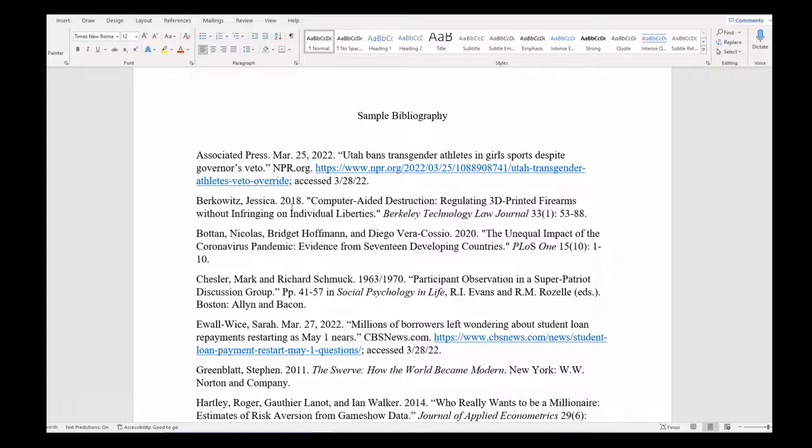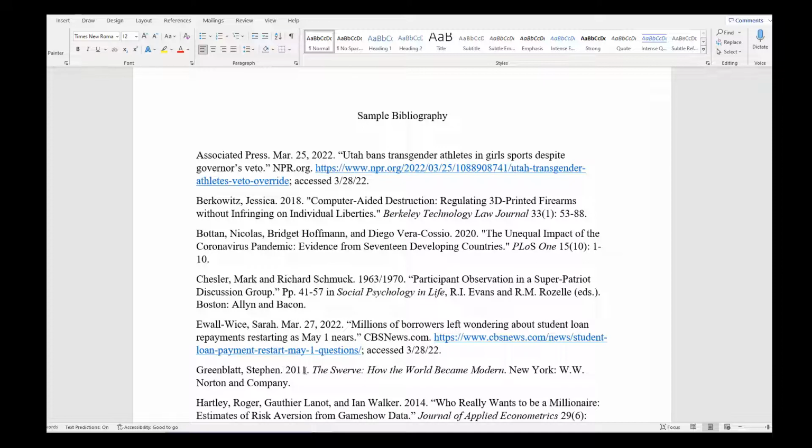All I need is this right here, very simply, for your peer-reviewed journal articles that are coming out of that digital library. As far as your website sources, I need the link, which is generally going to be short, in many cases just the title of the article, and then when that was accessed. As far as edited volumes, I've got some examples here as well. The book is the same general order as well.